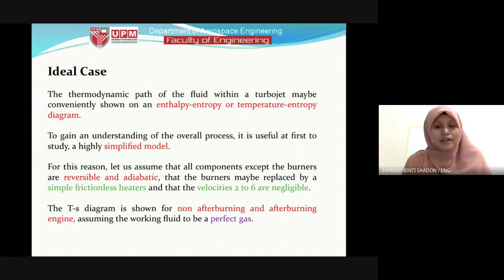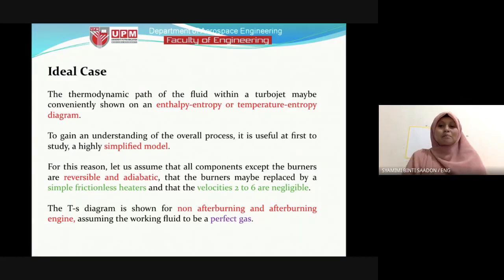For this reason, let us assume that all components except the burners are reversible and adiabatic. So in the ideal case, we assume that all components, the diffuser, the compressor, the turbine, are reversible and adiabatic, which is isentropic. Reversible adiabatic means isentropic.